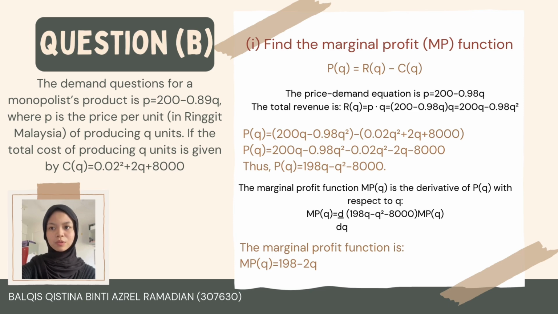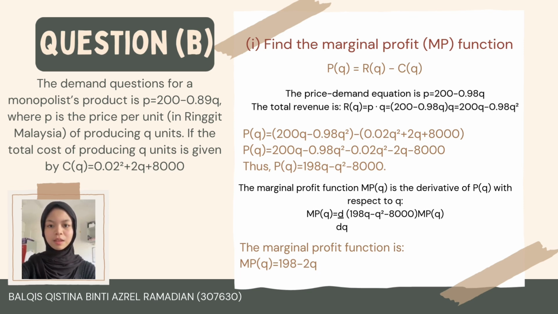And then we need to write the profit function by substituting the total revenue and total cost. So we will simplify and we will get the profit function equals 198Q minus Q to the power of 2 minus 800.